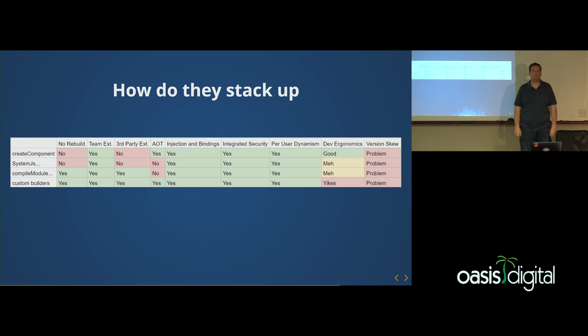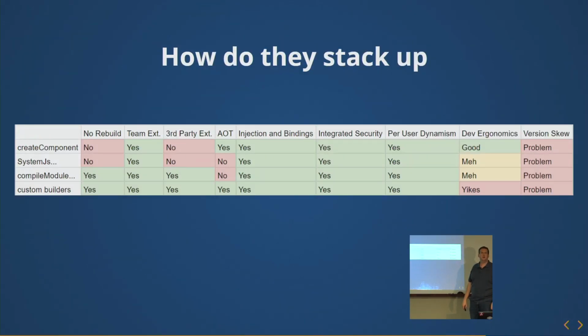That 20-step process is brutal, and it will take a lot of studying, understanding and work to figure out. Even the other ones are mostly in the meh category because they work, but all of them are fraught with peril. I've got this component now, but it wants to access some dependency injection of a thing that isn't in your host application, for example. And then what do you do? How do you handle errors for that? How do you not have your application fall over when a dynamic thing is loaded? At the end of the day, all of these are still very fragile approaches.